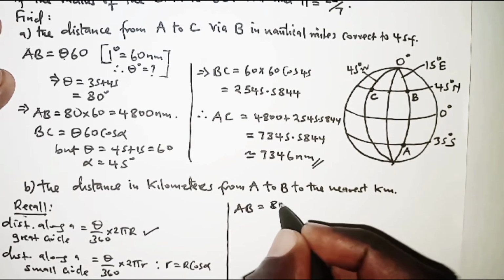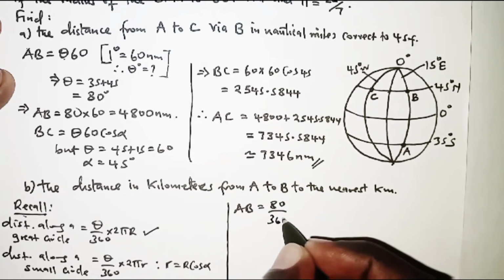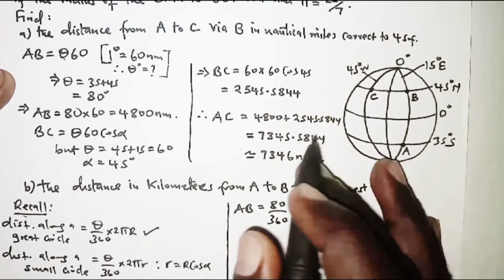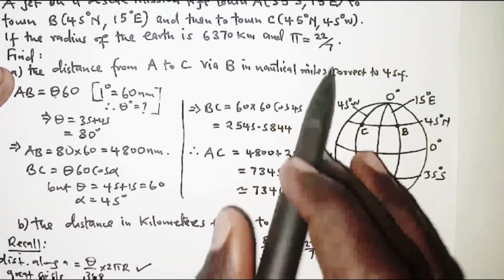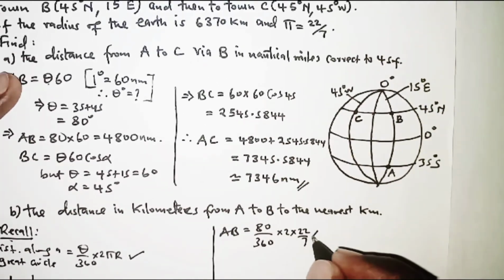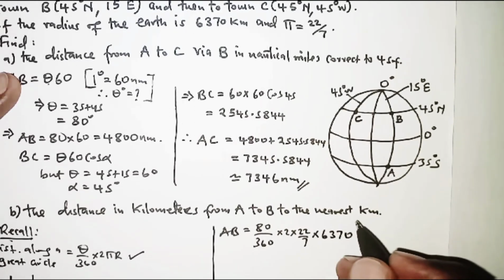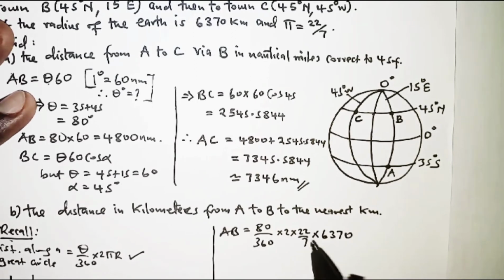So here is 80 over 360 times 2 times 22 over 7, as we had been given in the question. Pi is 22 over 7, times 6,370. And this, when you work it out, is 8,897.777 recurring.